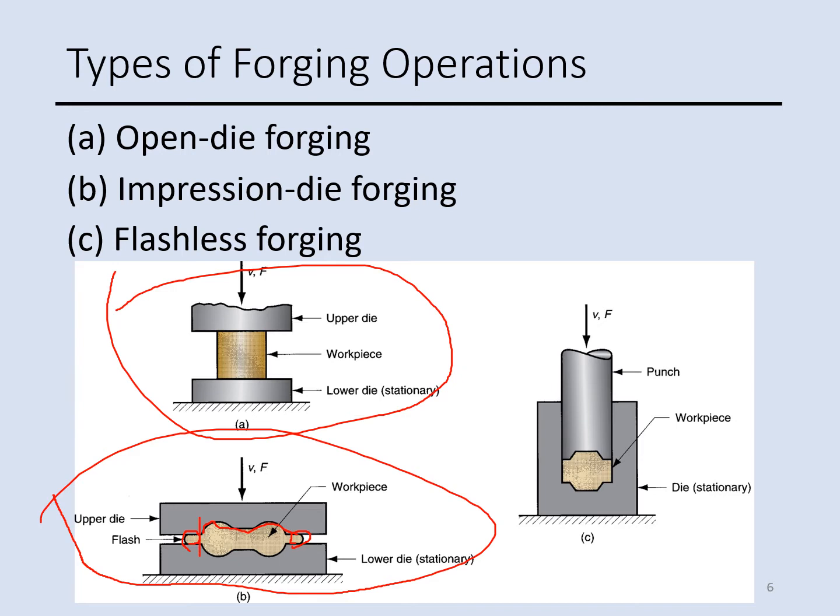So this has to be trimmed off. The third one is the flashless forging operation, which is similar to impression die forging, but the main difference is that it doesn't produce flash anymore.